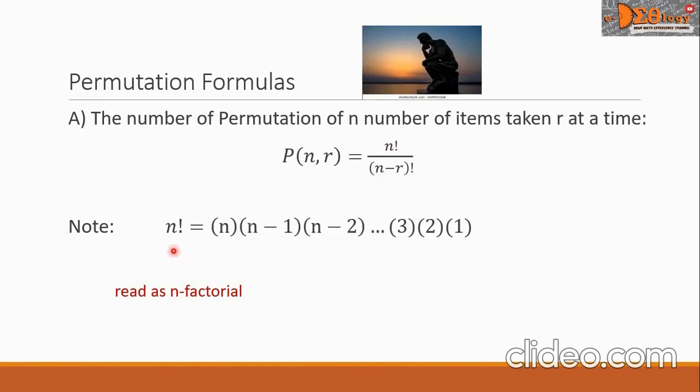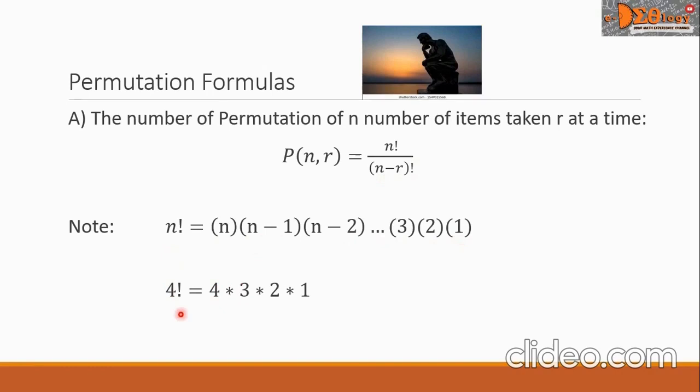And this n factorial is simplified into n times the quantity n minus 1 times the quantity n minus 2, up to it reach 3 times 2 times 1, and 1 is the last number.